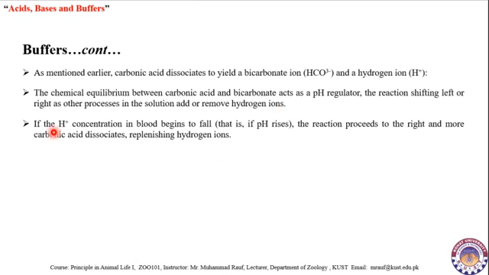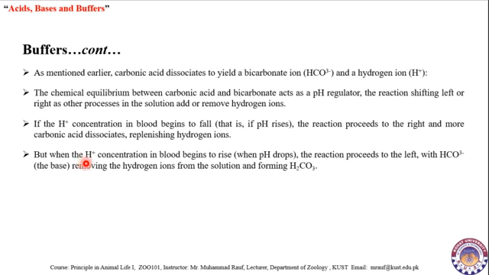If the hydrogen ion concentration in blood begins to fall, when will it begin to fall? It will begin to fall when a base is added. So what will happen? The reaction proceeds to the right and more carbonic acid dissociates, replenishing hydrogen ions.